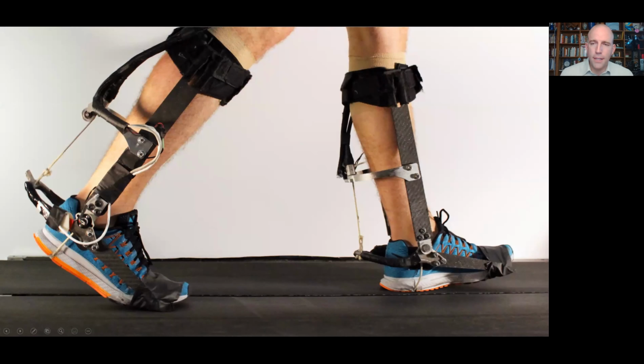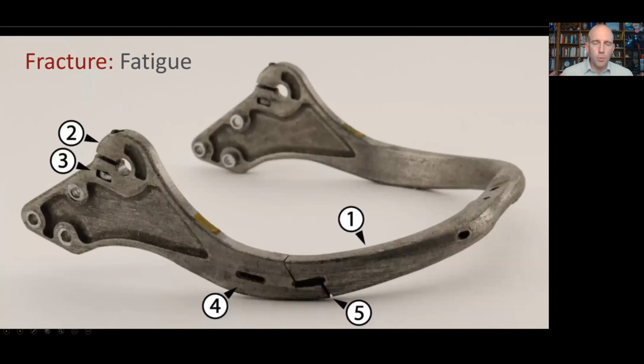These are a pair of ankle exoskeletons that have this, we call it a heel spur, sticking out behind the heel. And there's a rope that pulls up, and every step it pulls up to assist the person as they walk, so cyclic loading. And we made this component using 3D printing of titanium, which is cool because it lets you make these complicated swoopy shapes with hollow interiors, but it introduces some things that make you more subject to fatigue.